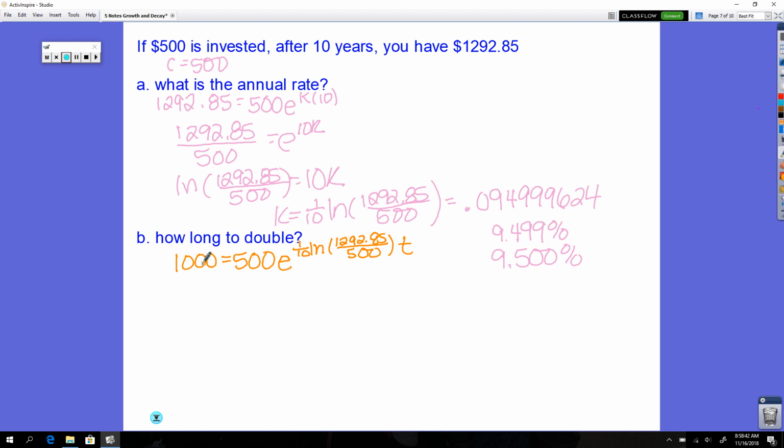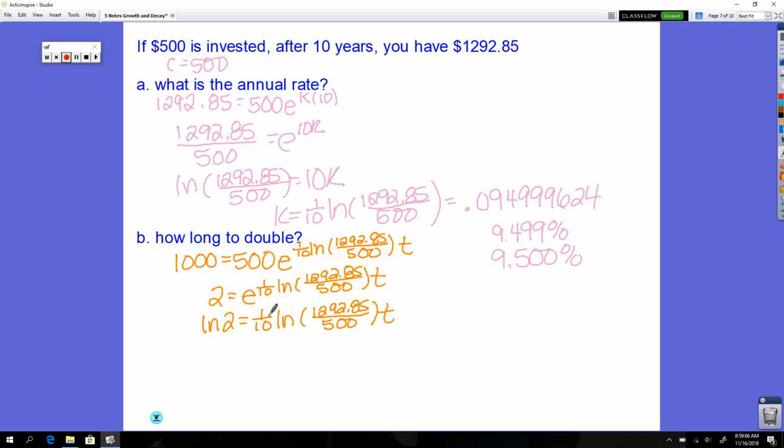So I'm going to divide by 500. So 2 equals e to the 1 over 10 ln 1,292.85 over 500 t. Take the ln of both sides. Now solve for t.